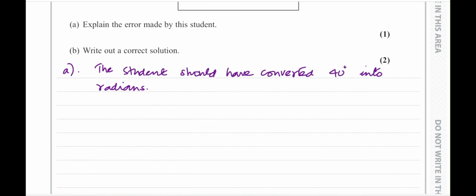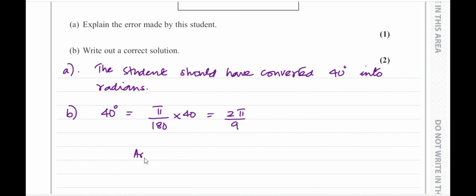Part B. Write out a correct solution. So firstly, let us convert 40 degrees into radians. That's going to be pi over 180 times 40. That is equal to 2 pi over 9.